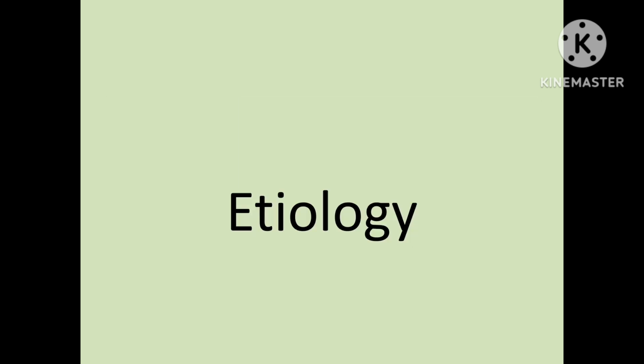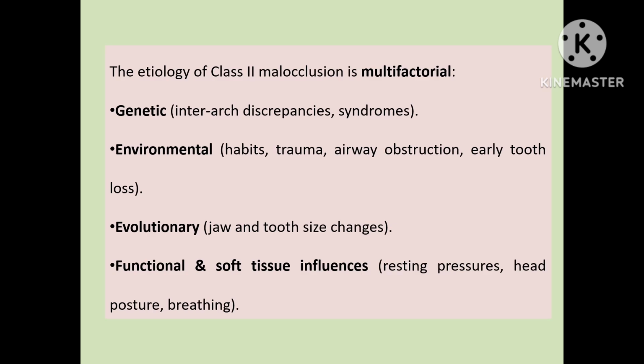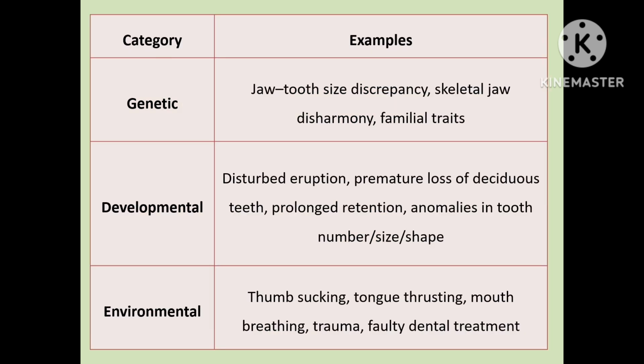Like any other malocclusion, Class II malocclusion arises from a combination of genetic, developmental and environmental factors. Genetic causes include jaw size, tooth size discrepancies, skeletal disharmonies and familial traits.